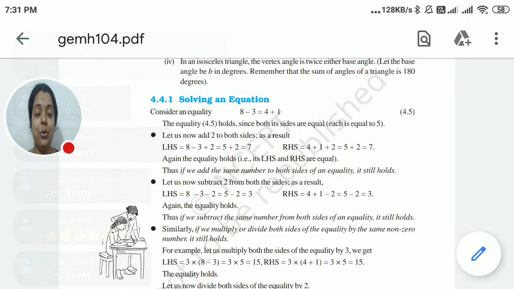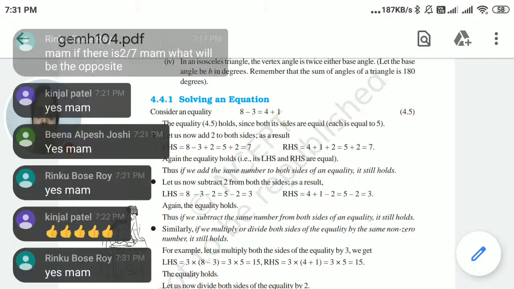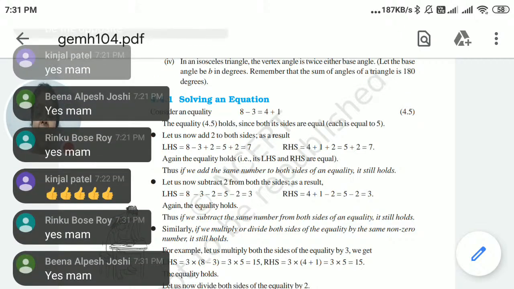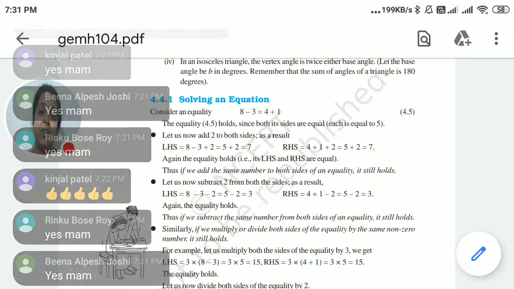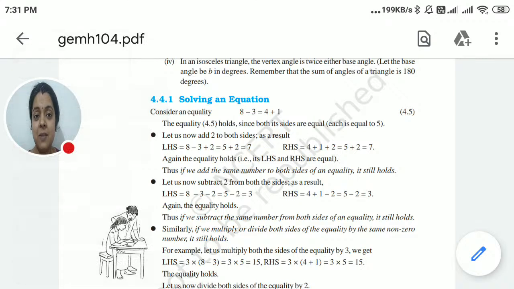What you had to do, you just had to solve it, right? Right hand solution one side, left hand solution one side. And finally, you were just checking whether it was right or wrong, whether it was equal or not. The same you're going to do here.